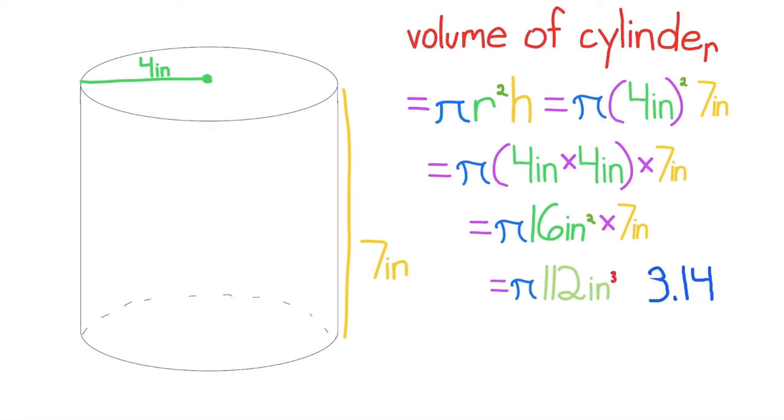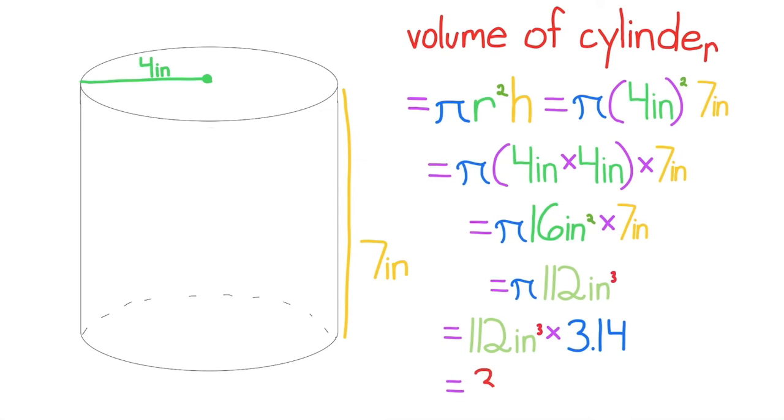So that is what pi equals, right? So now what we're going to do is 112 cubed times 3.14, and that would equal 351.68 inches cubed. Let's go on to our next example.